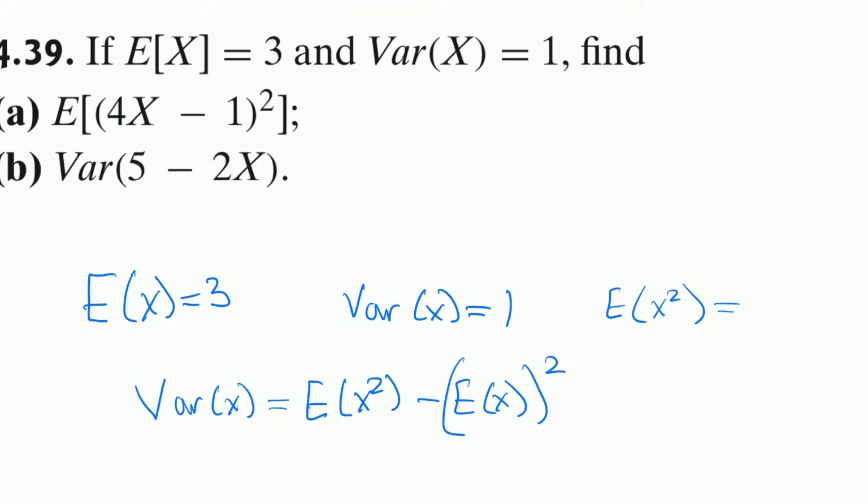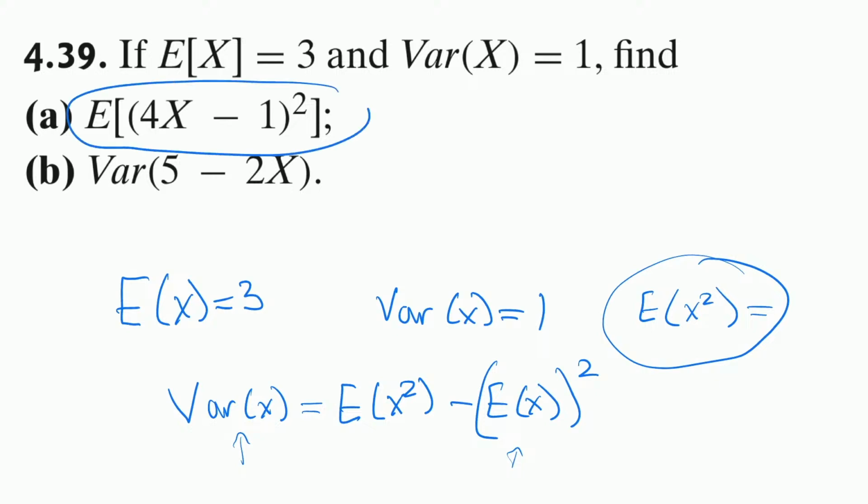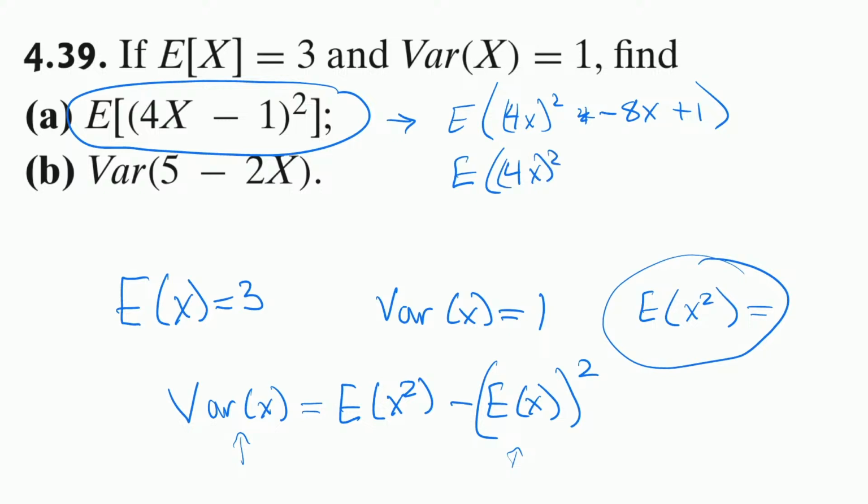So I just wanted to point out that you take this stuff and you're looking for this number. You can plug in the 1 and the 3. And then as far as this goes, what you can do is rewrite that as E of (4X) squared minus 8X plus 1, which is the same as E of (4X) squared minus E of 8X plus E of 1.